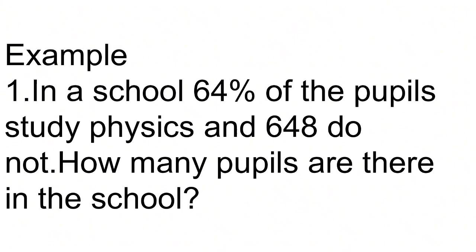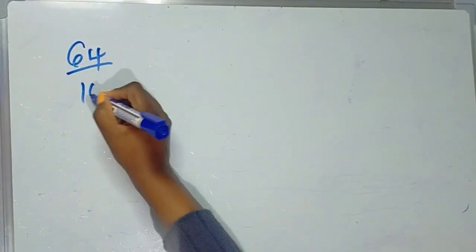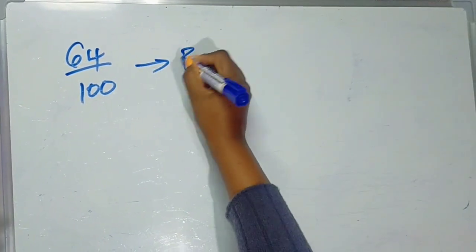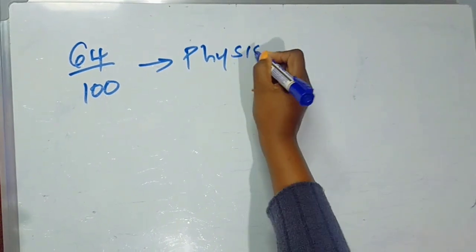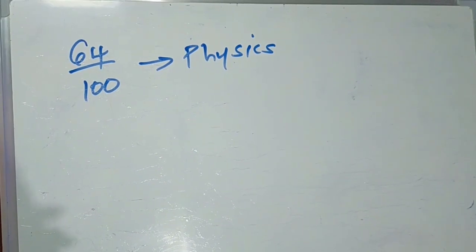Example. In a school, 64% of the pupils study physics and 648 do not. How many pupils are there in the school? So 64% study physics, and 648 do not.